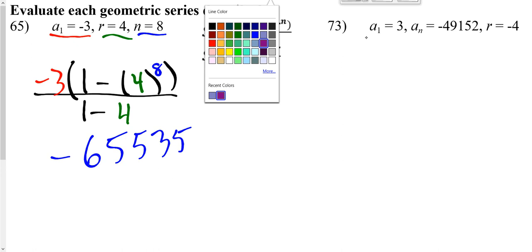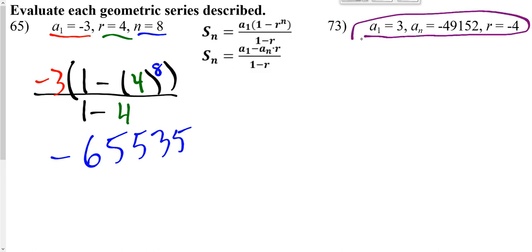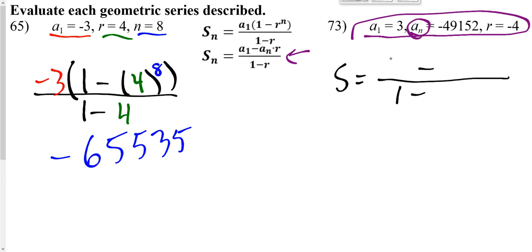When we are looking at this next problem here, you'll notice you have an a sub n. So I'm going to choose to use the second formula. So I'm going to plug in my first term. I'm going to plug in my R. I don't know why I wrote R when we know that R is -4.